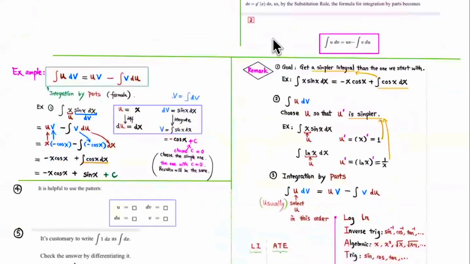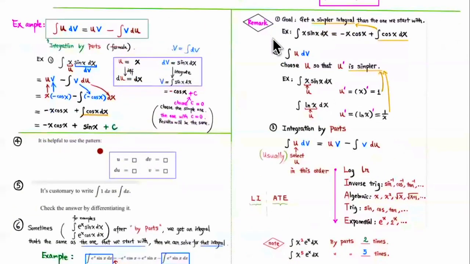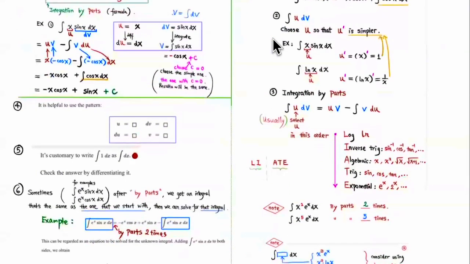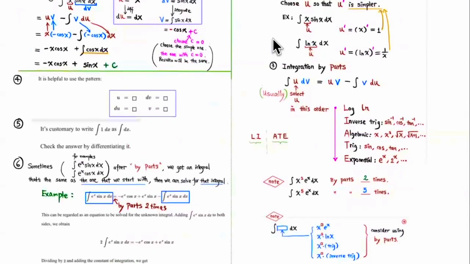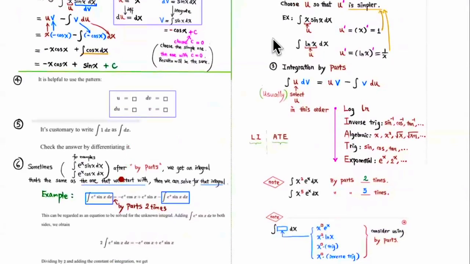And I gave one example over here, and I gave you some hints, some remarks, on what to do sometimes. Sometimes you need to do integration by parts twice. When you have this form, e to the x times sin x, when you integrate that, sometimes you need to do it by parts twice.